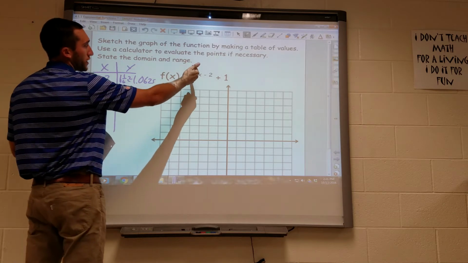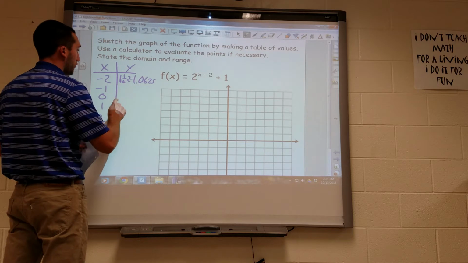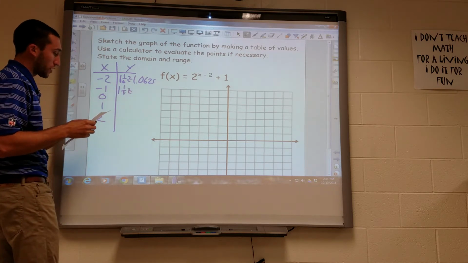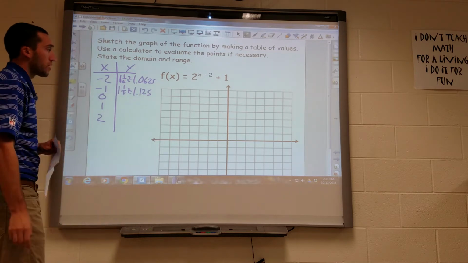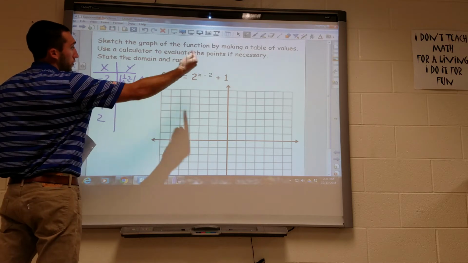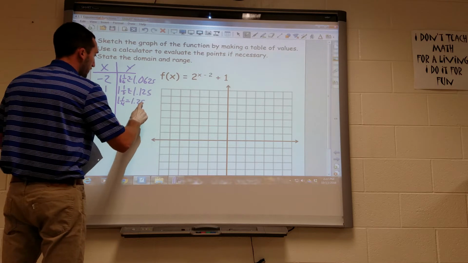Plug a -1 in, you get 2 raised to the -3, which is 1/8 plus 1, so that's 1 and 1/8, approximately 1.125. Plug a 0 in, you get 2 raised to the -2. Well, that's 1/4 plus 1 is 1 and 1/4, so that's equal to 1.25.